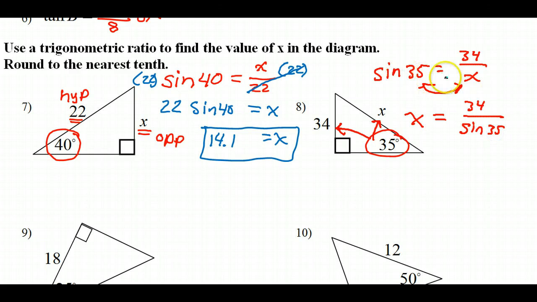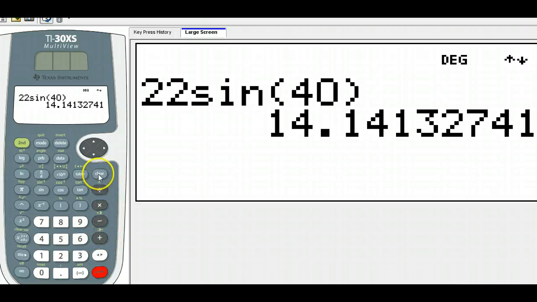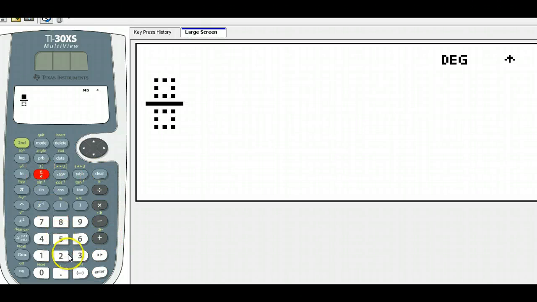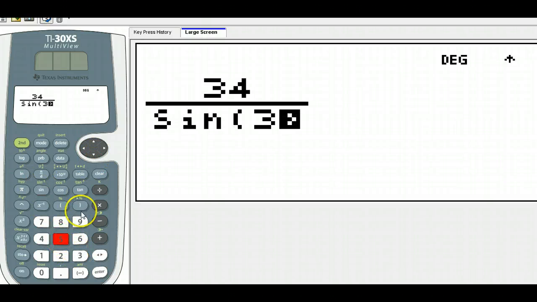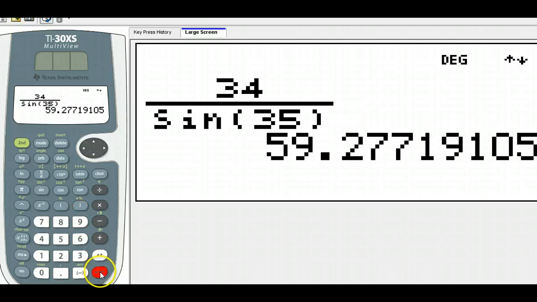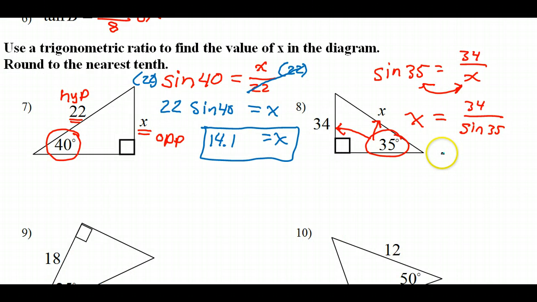The denominator and the thing that's by itself, you can always swap those. Then you just put that in your calculator: 34 over sine 35. Bam, 59.3.